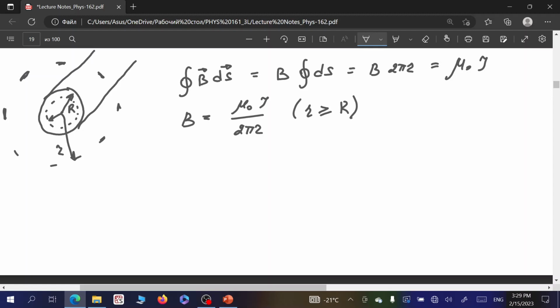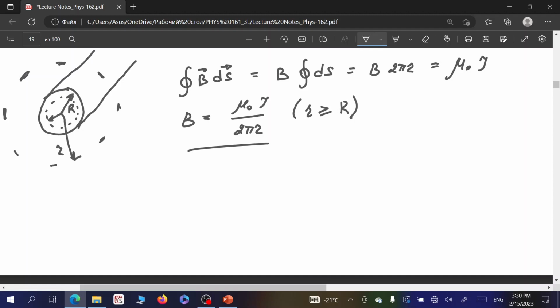So that is the equation for the magnitude of the magnetic field at distance r from the center of the conductor, which we derived in the previous lecture using the Biot-Savart law, but that took much more time and effort.